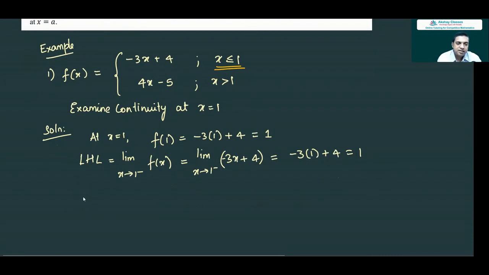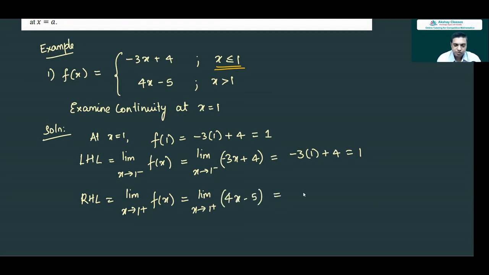Whereas the right-hand limit is the limit as x tends to 1 plus of f(x), where x is greater than 1. So the function is defined by the second expression, 4x minus 5. So we get 4 into 1 minus 5, which is minus 1.